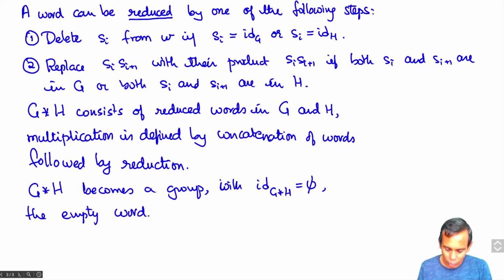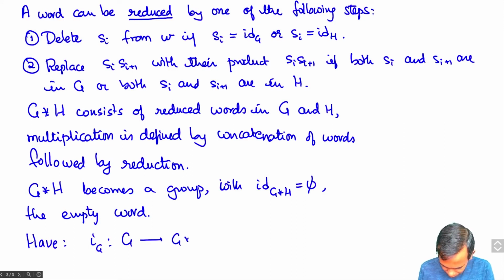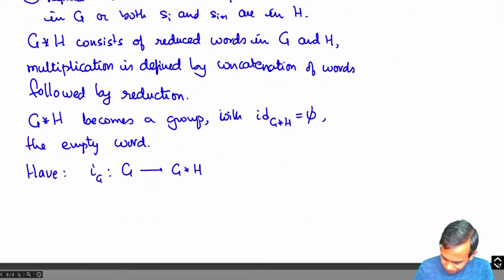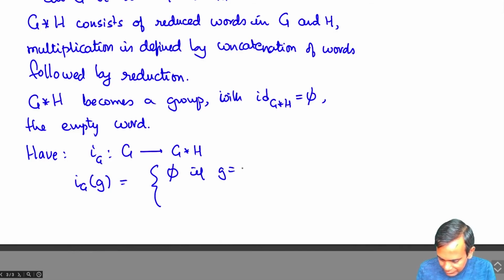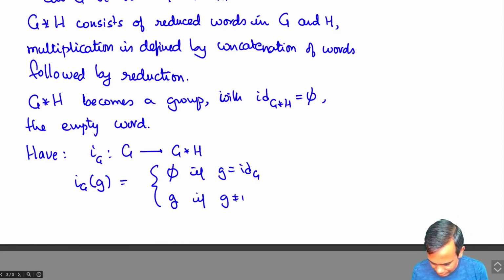And now you have homomorphisms from G to G star H, defined by IG of g is equal to the empty word if g is the identity, and g, the word of length 1 with just one letter, if g is not the identity.